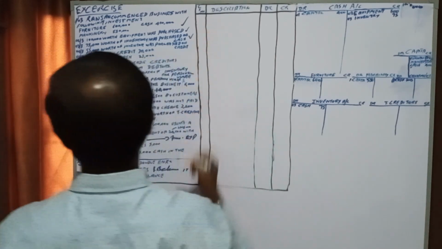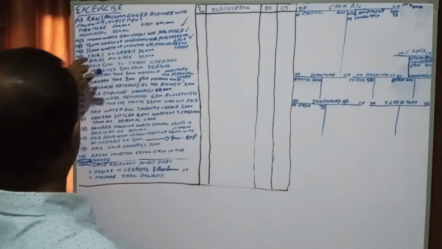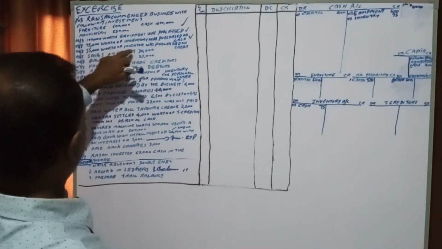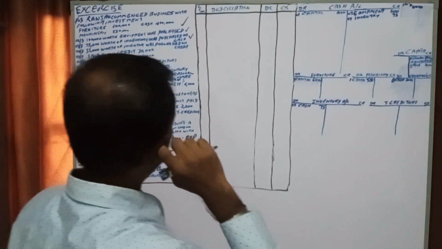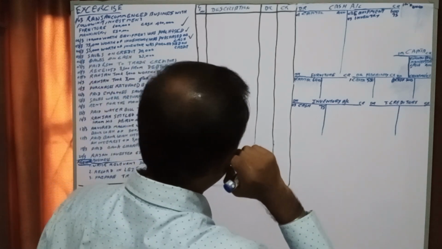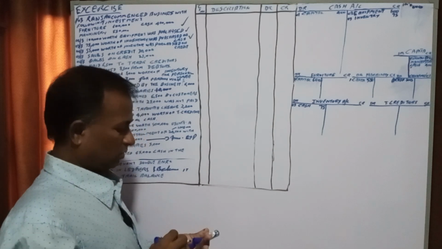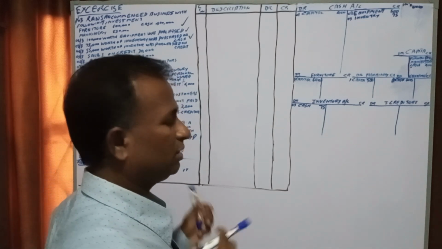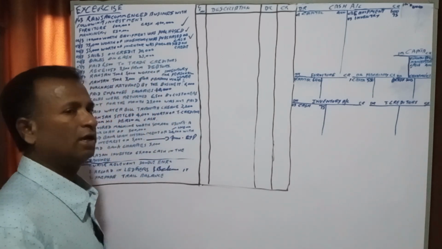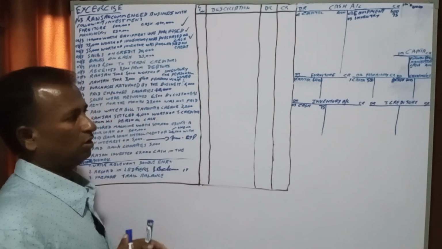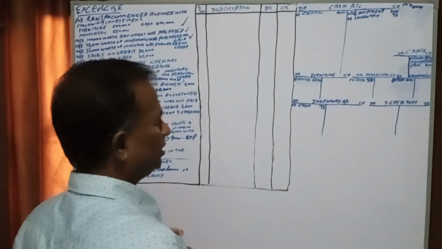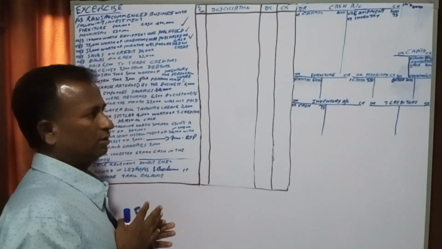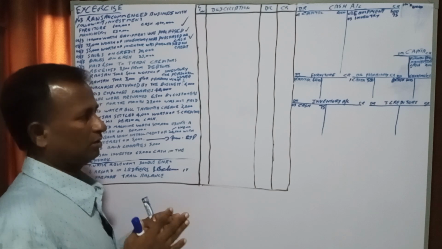That is the one we are just now going on. 55,000 worth of inventory was purchased on credit. So the cash factor is not involved in this particular transaction. It is purely the giving and taking place.